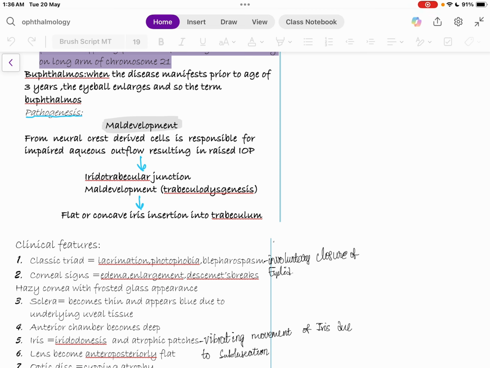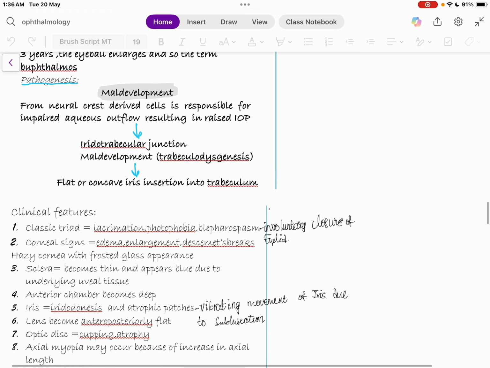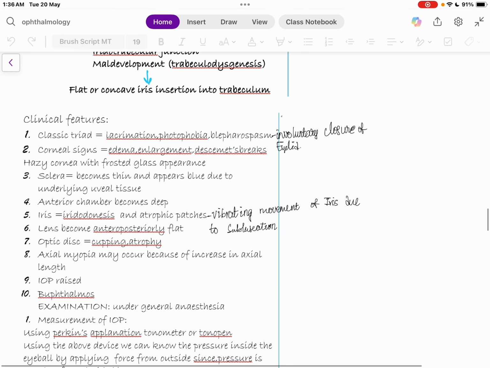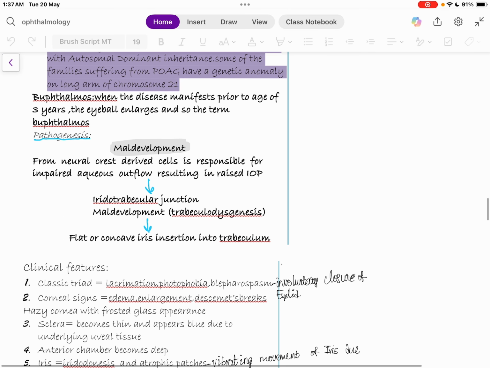Due to this, iridotrabecular junction maldevelopment occurs. Trabeculodysgenesis occurs, because of which a flat or concave iris is inserted into the trabeculum. Because of this, accumulation of fluid occurs and thus buphthalmos occurs.